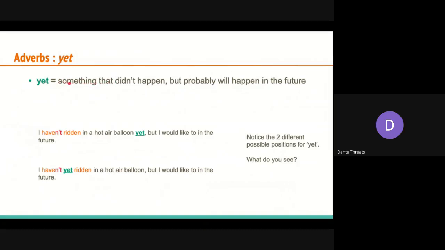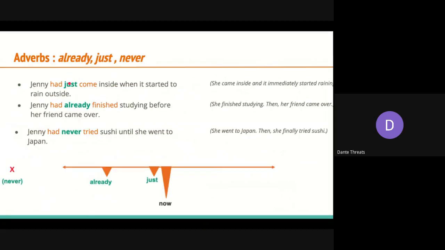Adverbs, already, just, and never. Jenny had just come inside when it started to rain outside. Okay, so that means she came inside and it immediately started raining. Okay, notice that the adverb is in between the verb and the participle.